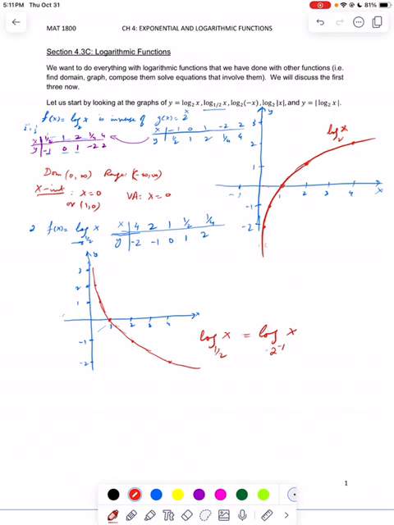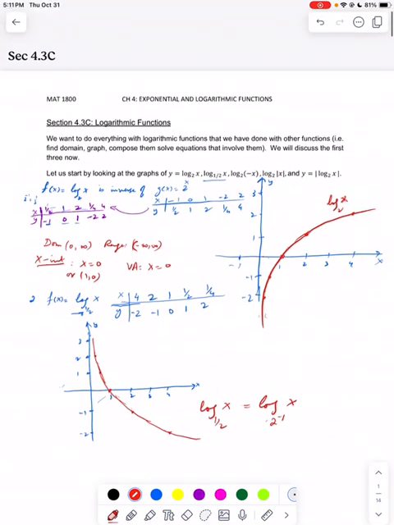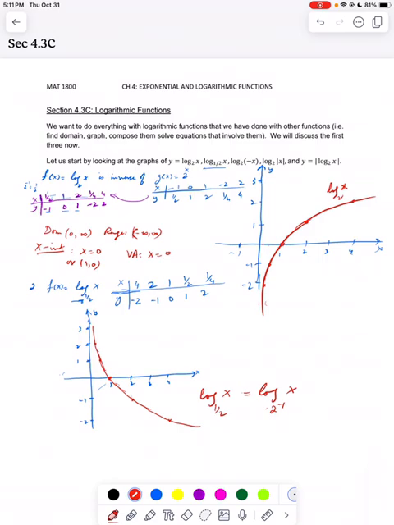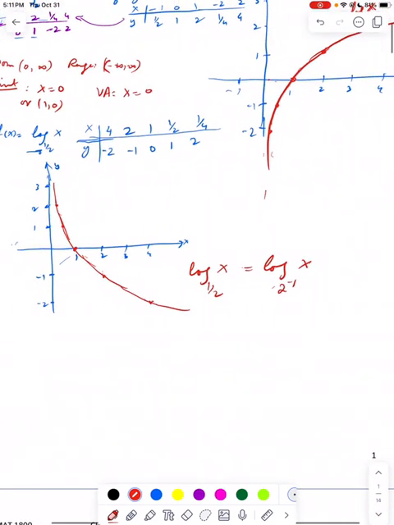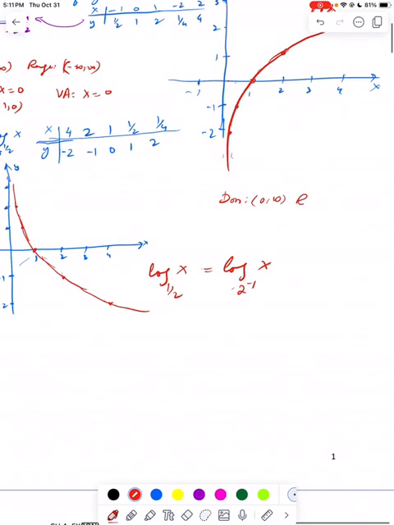Okay. So the next graph they are asking is, we want to write the domain. So the domain will be again 0 to infinity, and the range will be -infinity to infinity, and the x-intercept is still (1, 0), and the VA is x equals 0.